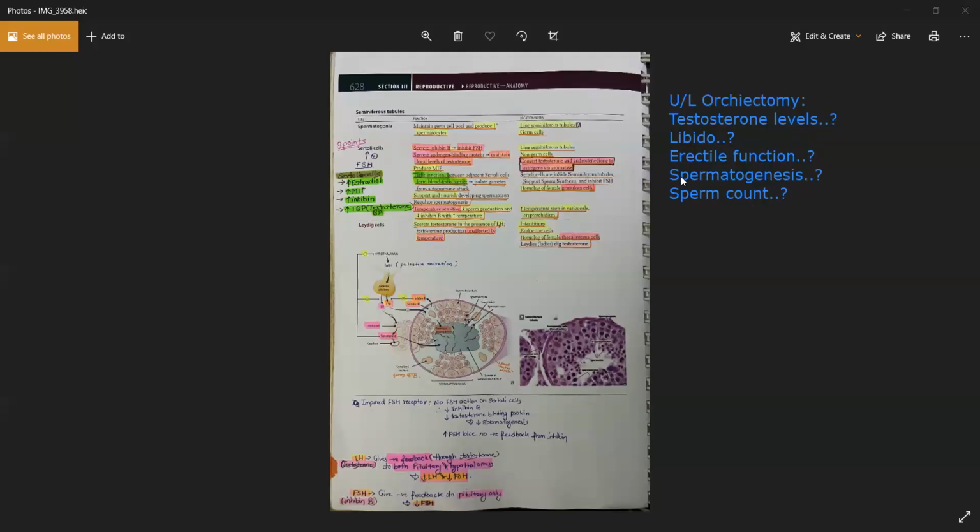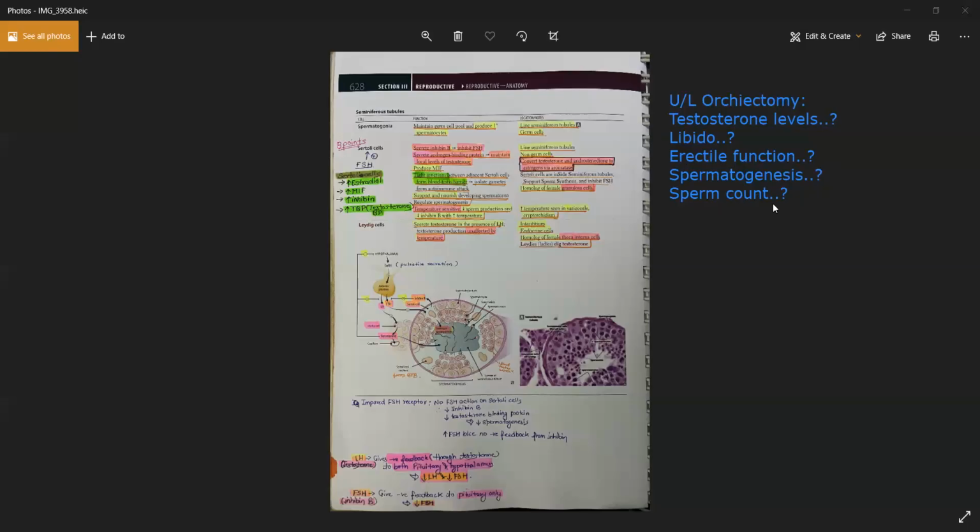So you will have a decrease in the sperm count, and that can even cause infertility in the patient. So with the orchidectomy, the testosterone levels are normal or slightly reduced, not significantly reduced. Libido will be normal, erectile function will be normal, spermatogenesis will be increased, and you will have a decrease in the sperm count that can even lead to infertility.